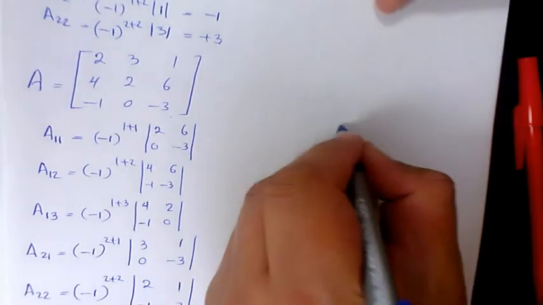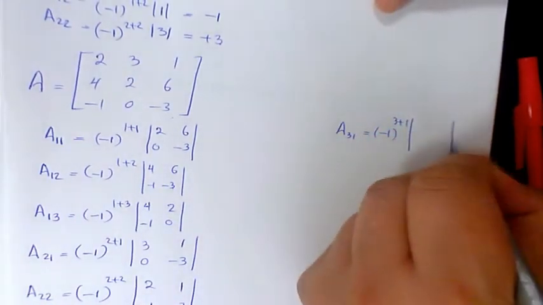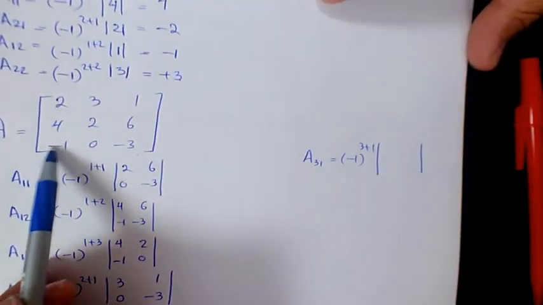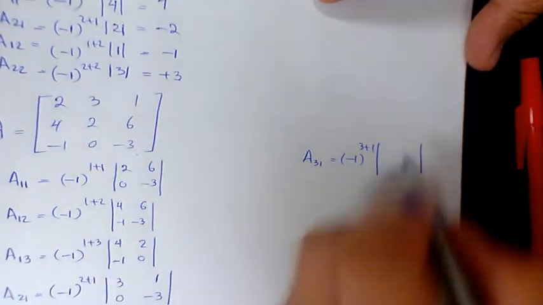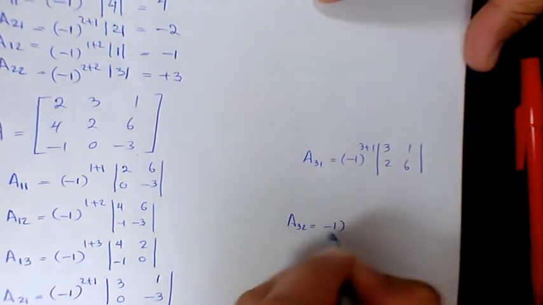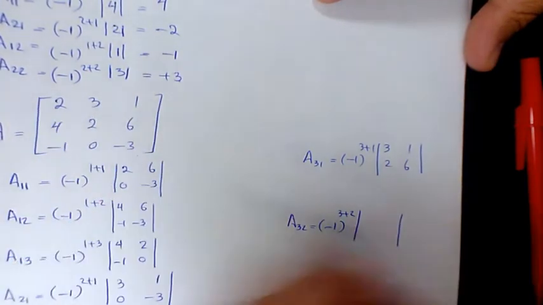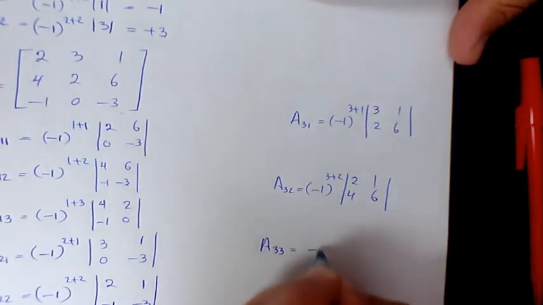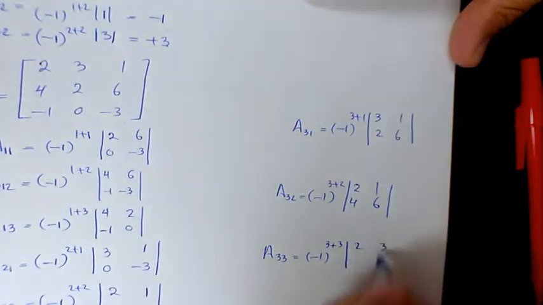And now we have A31, -1 to the power of 3 plus 1. So that's the third row and this column. So it's going to be 3, 1, 2, 6. Then we have A32, -1 to the power of 3 plus 2, 2, 4, 1, 6. And here we have A33, -1 to the power of 3 plus 3. That's going to be 2, 3, 4, 2.